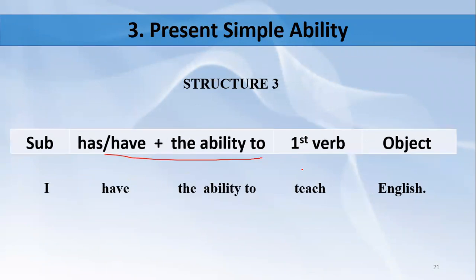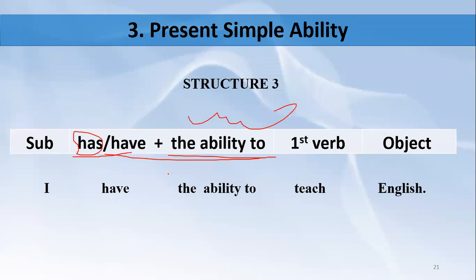Then we have the third structure for talking about our abilities, that is has or have the ability to. As I told you, in the Urdu language we have ye karne ki salahiyat hai. Has is used with he, she, it, or singular noun, while have is used with I, we, you, they, or plural noun.